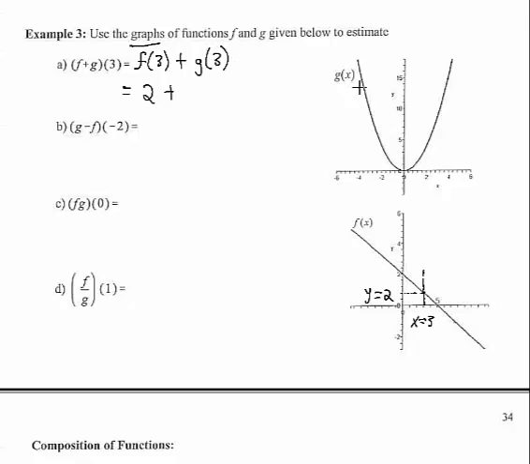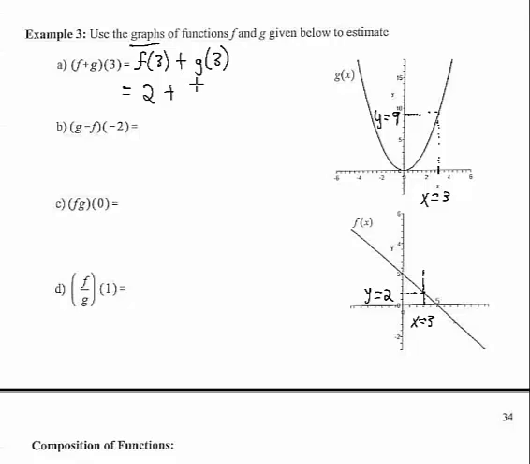Now for g of 3, I look at my graph of g. I locate 3 on the x-axis, and I'm between 2 and 4. 3 is positive, so I track my way up to the parabola and then across to the y-axis, and I'm going to claim that my output for x equal 3 would simply be y equal 9.